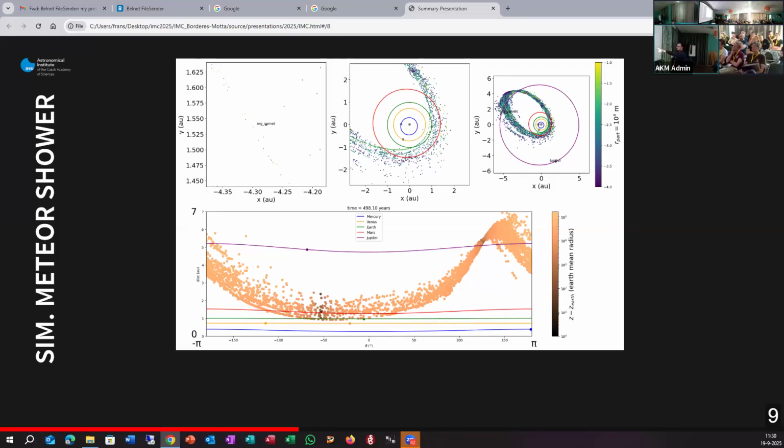The 4 planets are these lines above. You can also see Jupiter, and then we can see the particles moving around the solar system. In the y-axis, we have the heliocentric distance, and the color of the particles shows the distance from the Earth plane.